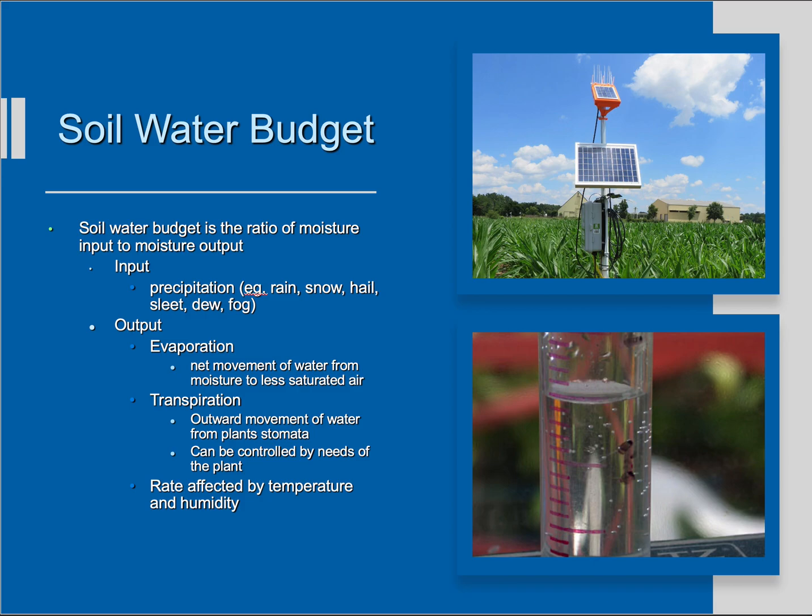The big rate at which soil water budgets are maintained or calculated is through what the temperatures are and the humidity, but we can't also negate how much water is precipitated through here, and maybe what the soil holding capacity is of that water.